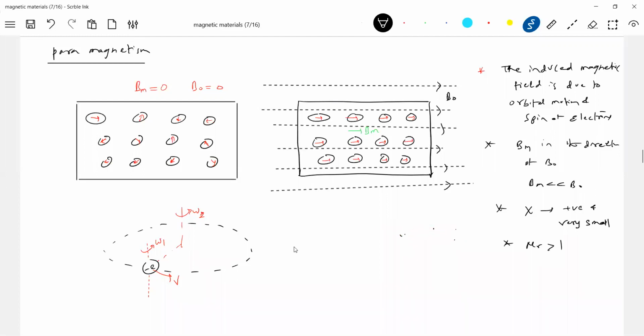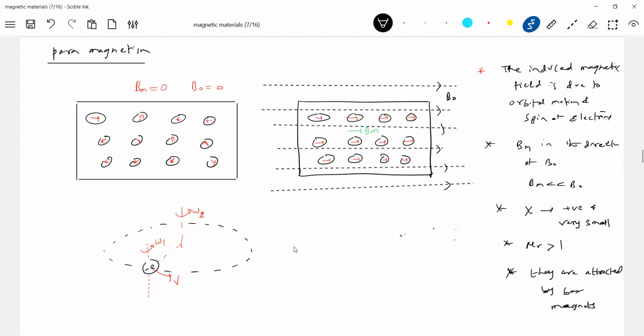And they'll be attracted by magnetic fields. They are attracted by bar magnets. So that is the overall picture.